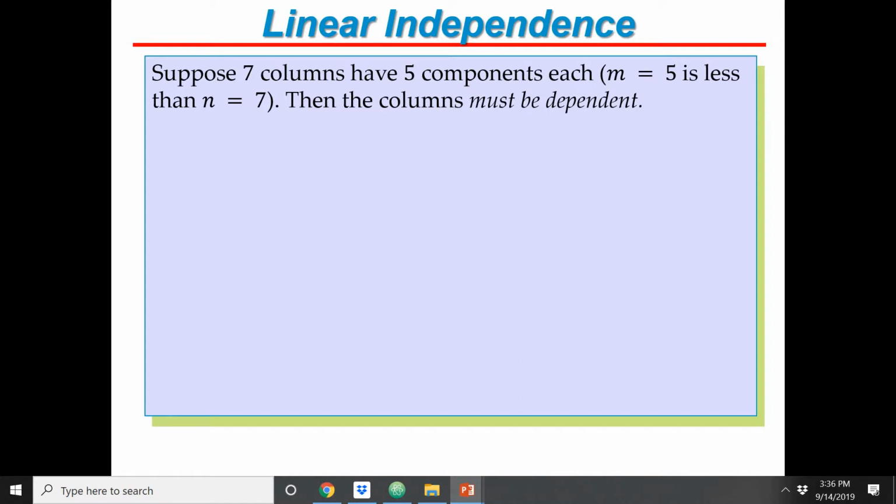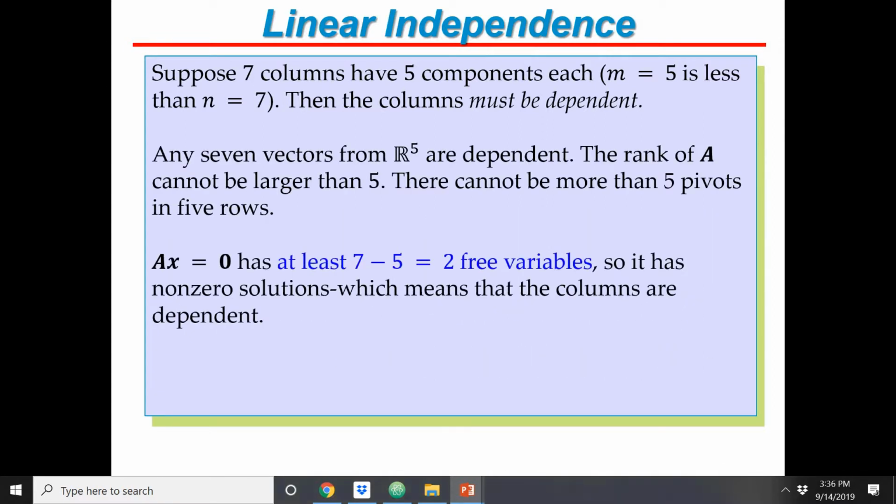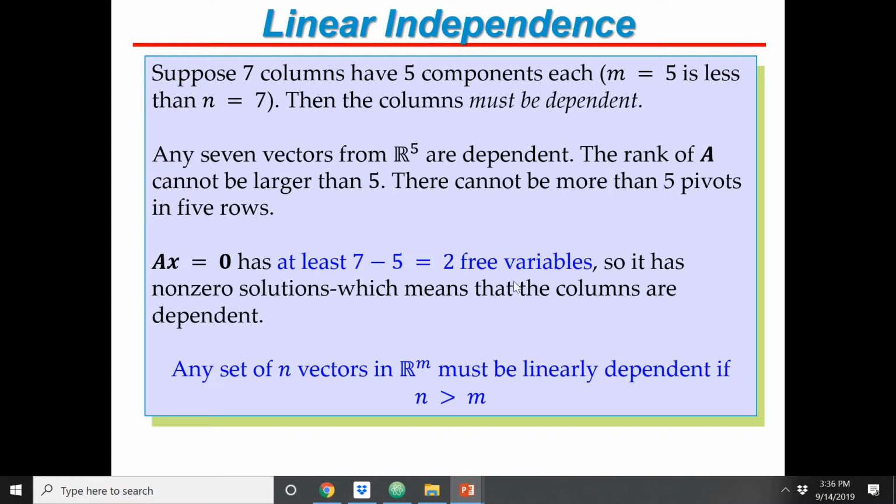So in that case, we know that these 7 column vectors in the R5 space, because they have 5 components, need to be dependent. Okay, so this is a very general result for matrices that have n greater than m. If you look at the columns that are in Rm, these n columns have to be dependent. So you can use this argument right away in any application where you have this type of matrices.